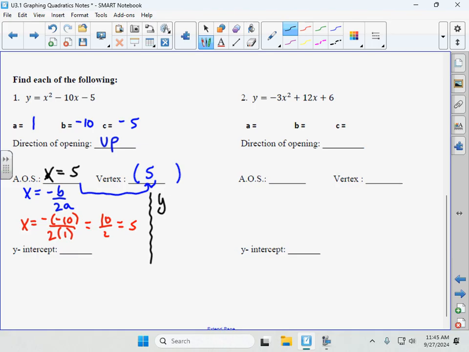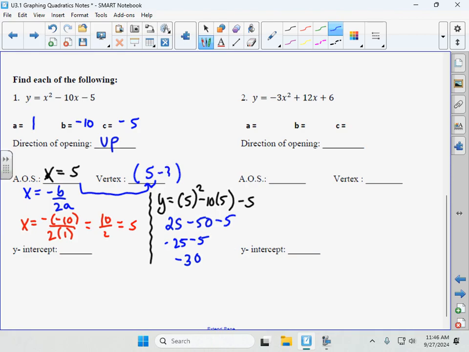So y equals 5 squared minus 10 times 5 minus 5. Order of operations, 5 squared is 25 minus 50 minus 5. 25 minus 50 is negative 25 minus 5, so that's negative 30.